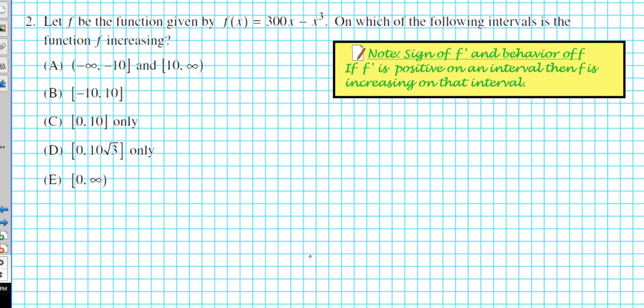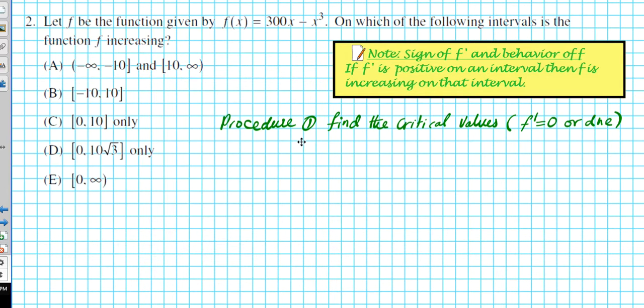Now let's write down the procedure for solving this problem. There are three parts to this process. Part 1 involves finding the critical values. These are the x values where the derivative is equal to 0 or does not exist.